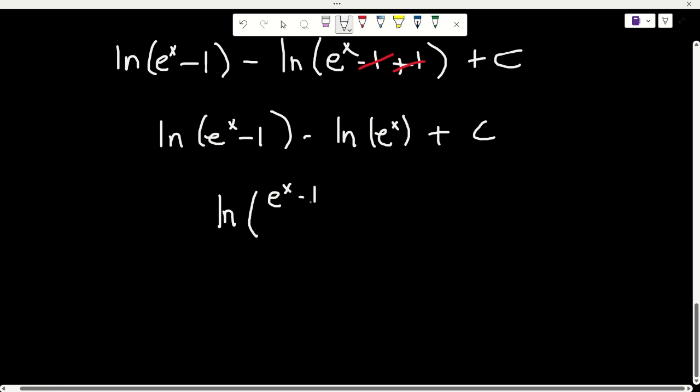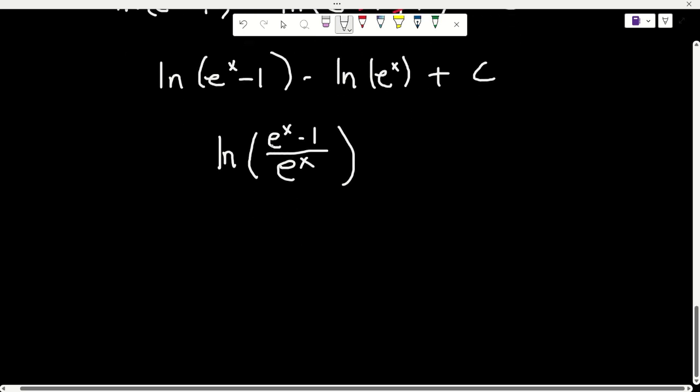In logarithm, if the operation is minus here, then it will divide. So it will become e^x minus 1 over e^x.